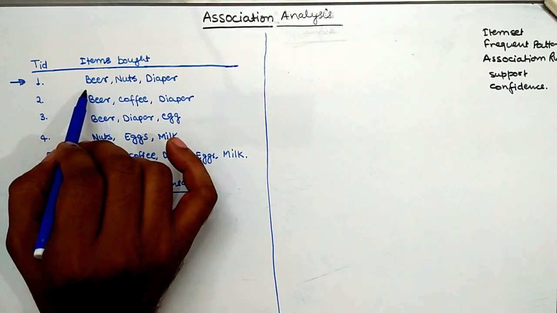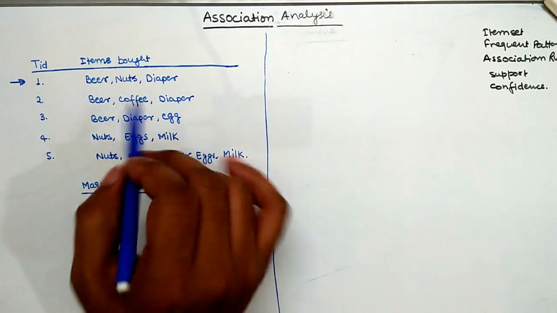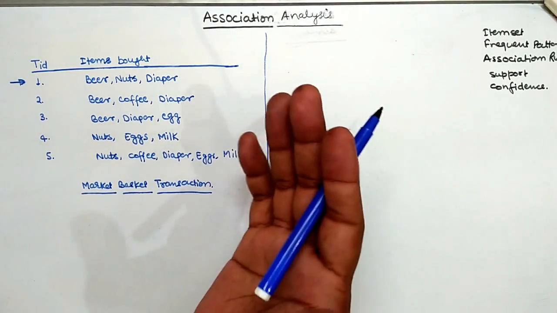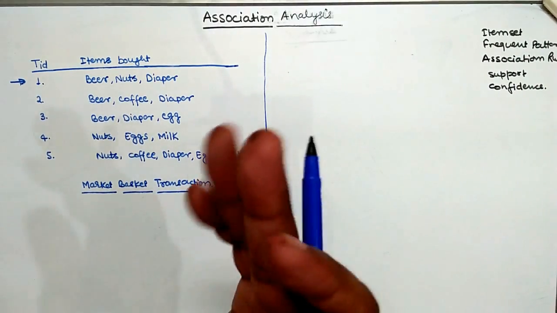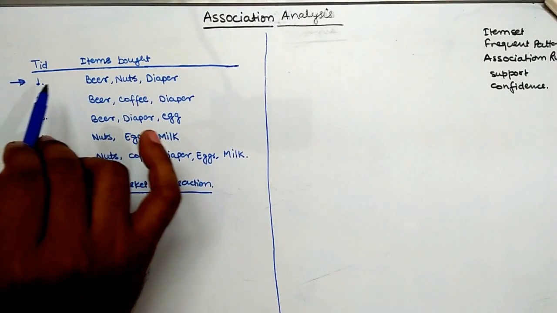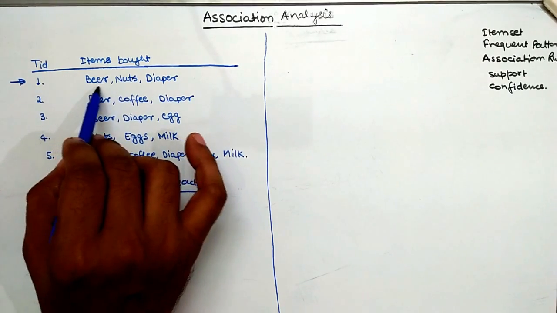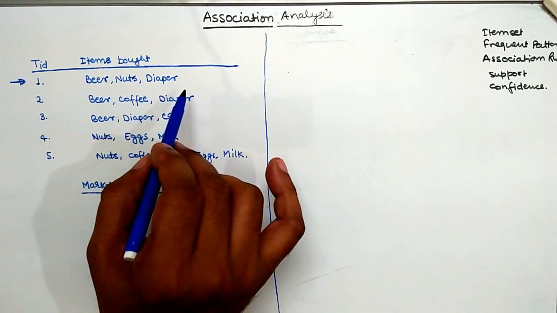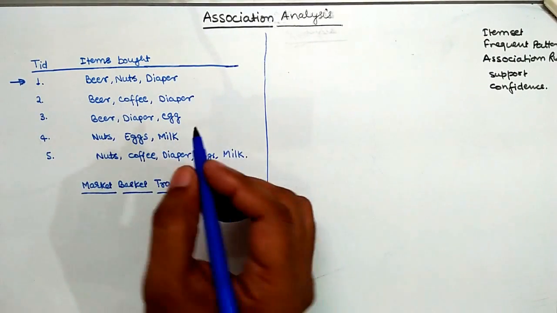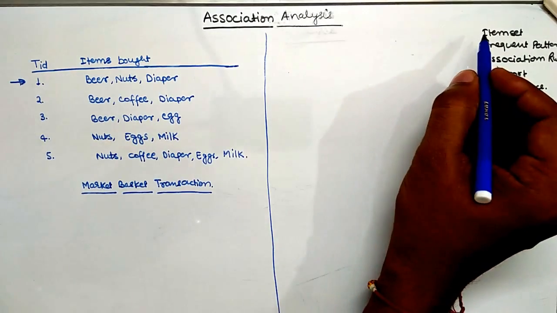All the items in your database are known as the set of items. Each transaction has some of the items captured. So we have understood the meaning of item set.